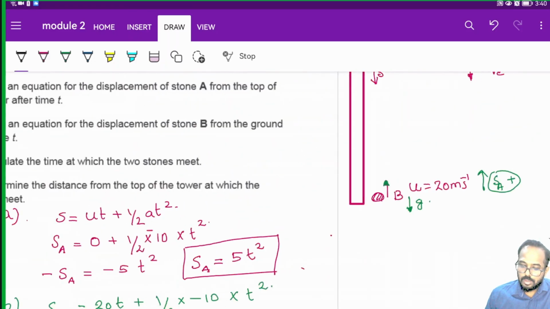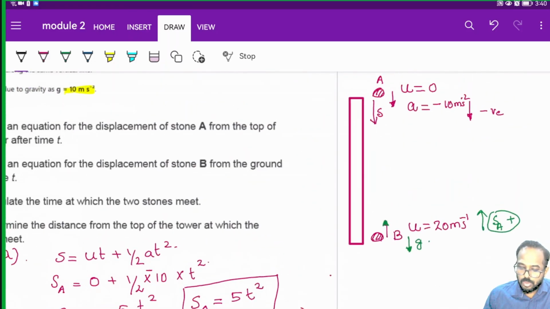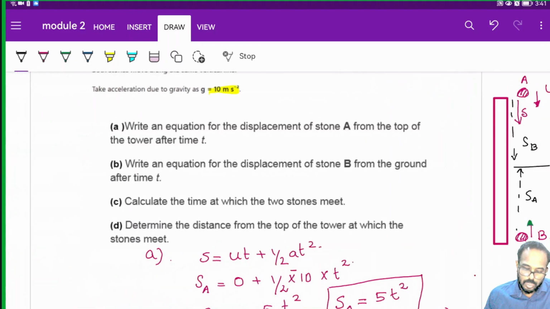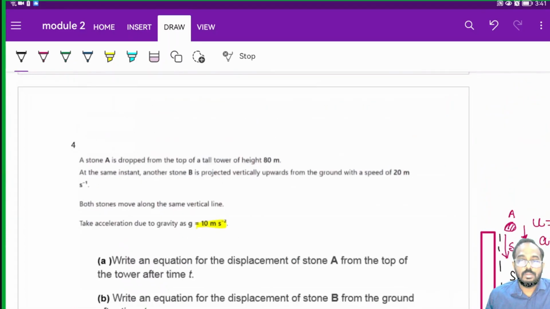Suppose these two stones are meeting at a point. So this will be SA in the downward direction, and this will be SB in the upward direction, right? So when you add both these displacements, what should you get? You should get the total height of the tower, right? So what is the total height of the tower given in the question? 80 meters.